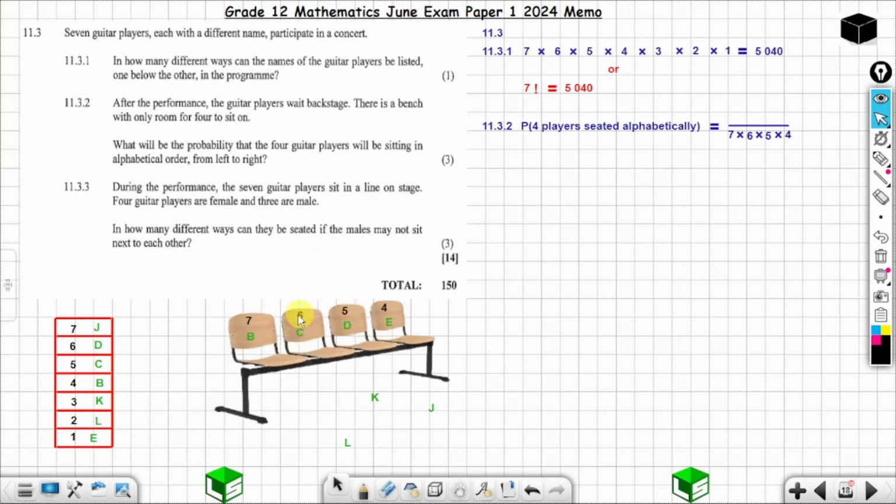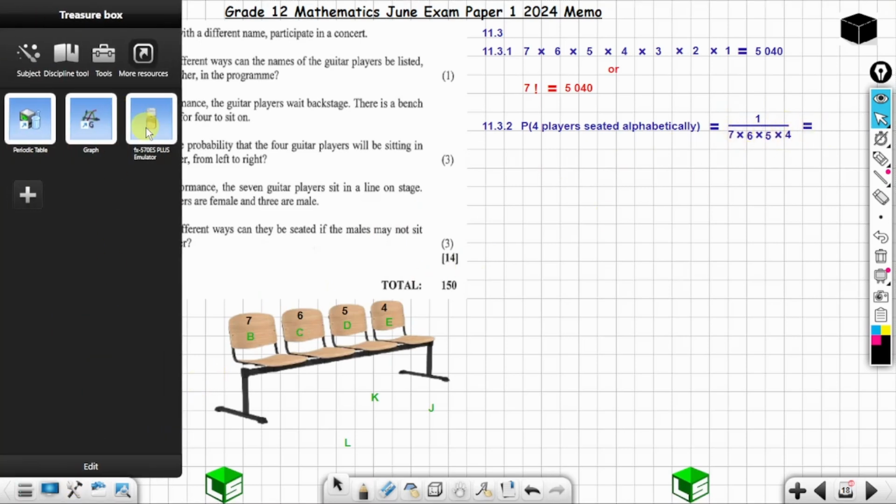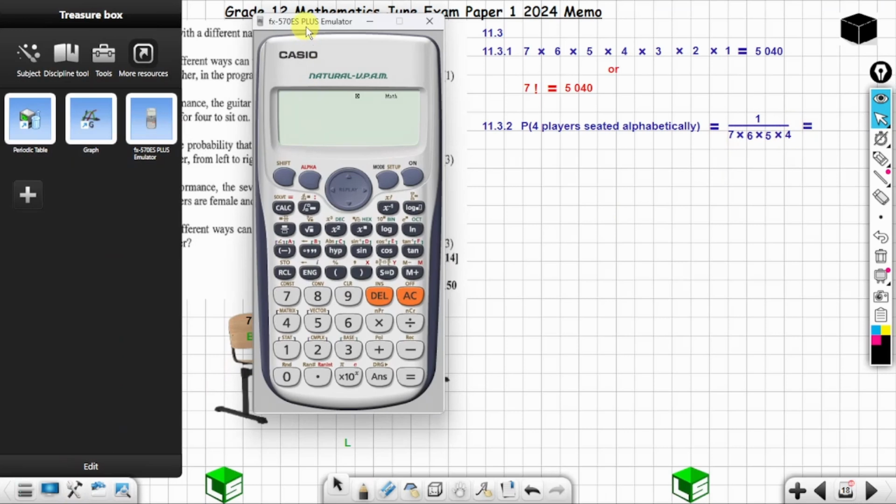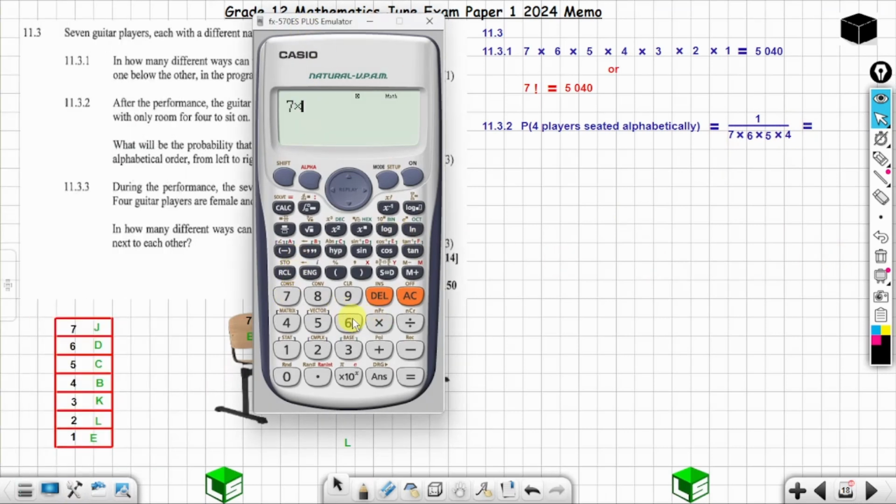So you have 1 in alphabetical order from left to right. You can only have this once. So this is equal to 1 over 7 times 6 times 5 times 4. You have 840. So 1 over 840.